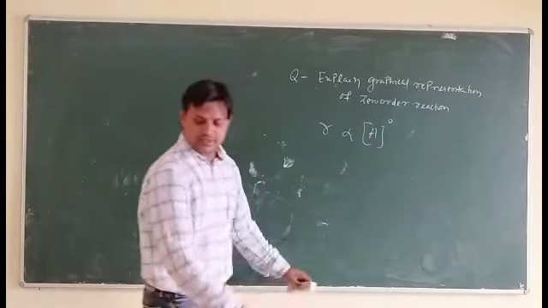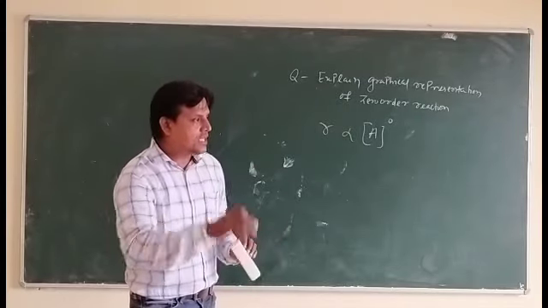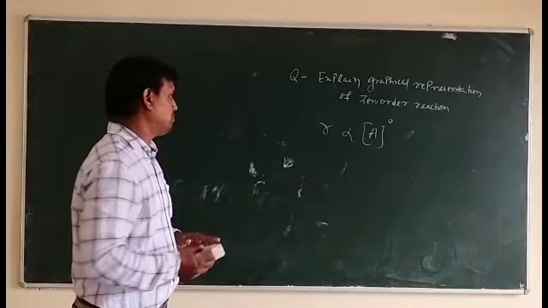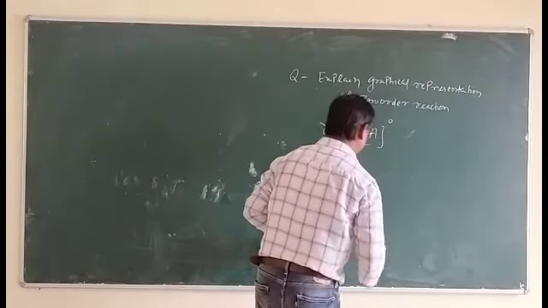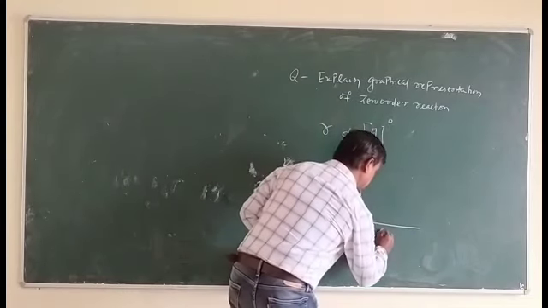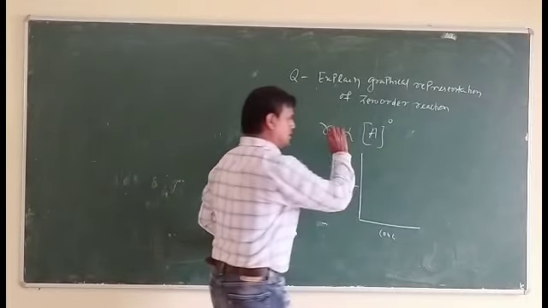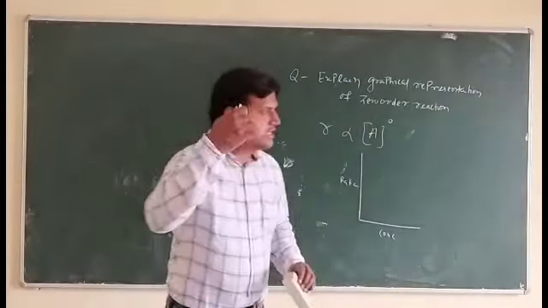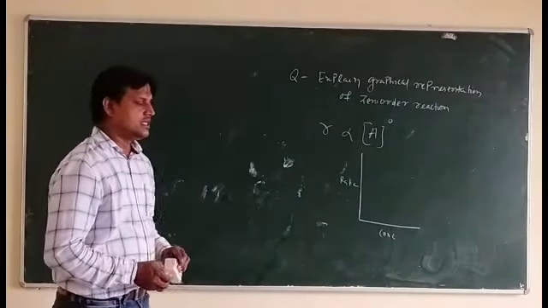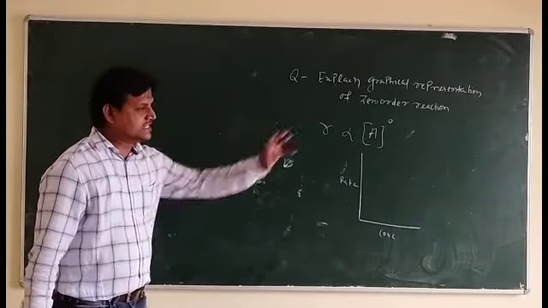So how can you explain graphically the plot of rate versus concentration? In this axis you take concentration, in this axis you take rate. So rate neither increases nor decreases with change in concentration.